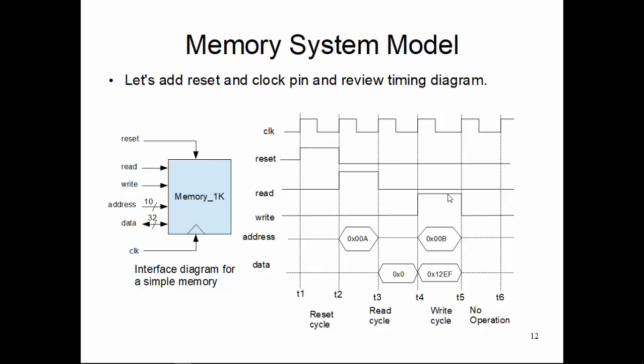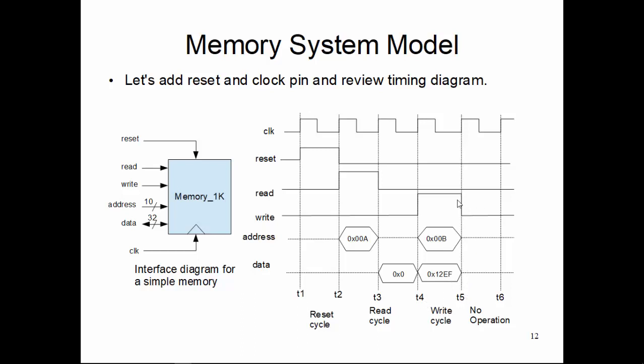Now let's look at the other combination. How about I am writing at T4 to T5? Can I initiate a read between T5 and T6? Yes, of course I can, because I'm done with the write operation within one clock cycle, T4 to T5.